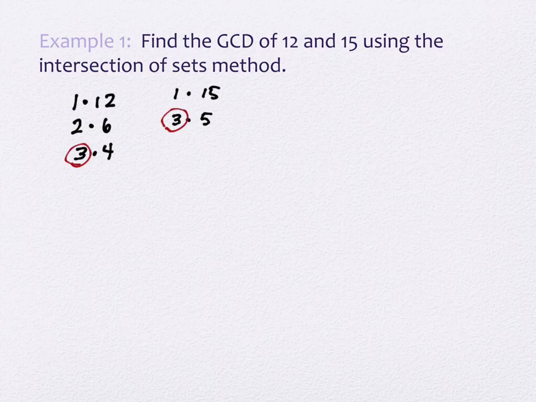And so our GCD, or you could say GCF interchangeably, is 3. Intersection of sets. Okay? So the drawback is that it only works nicely with small enough numbers. But one of the benefits is that when it has those kinds of numbers, it's very fast. It's very quick to do.